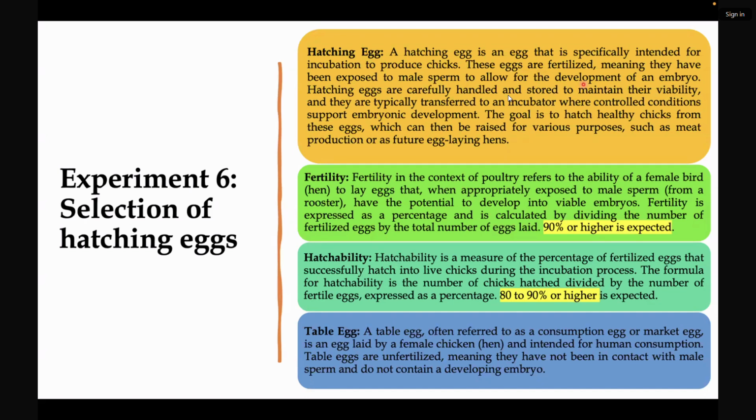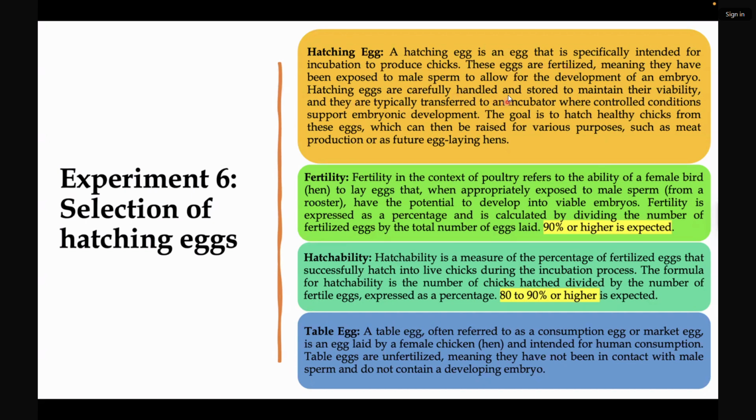Okay, so as we know, female birds will eventually lay eggs whether there is a male bird present or not, but the presence of a male bird or the sperm ensures that the eggs become fertilized so that they can be called hatching eggs now.